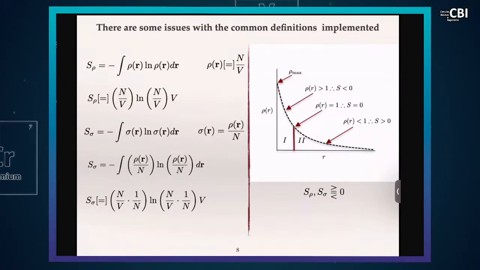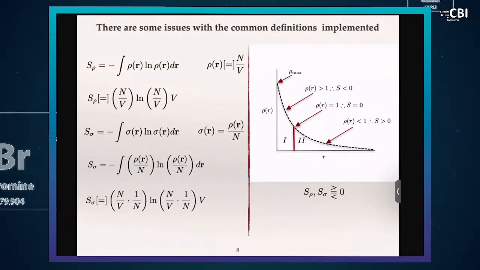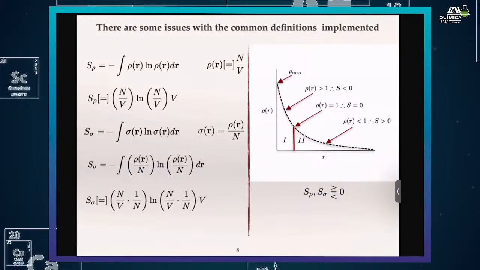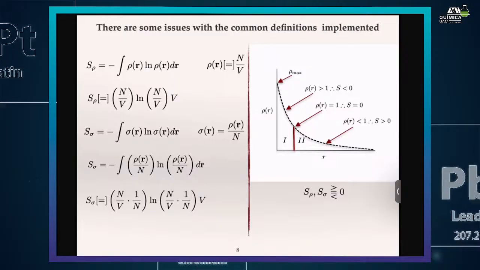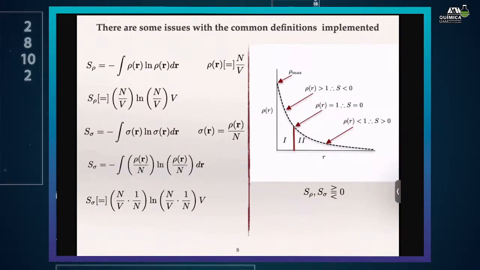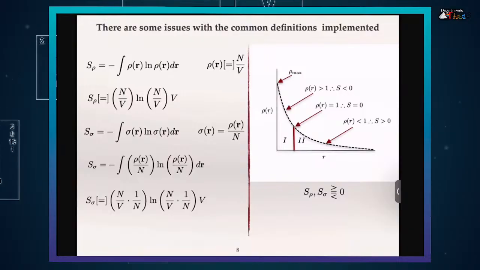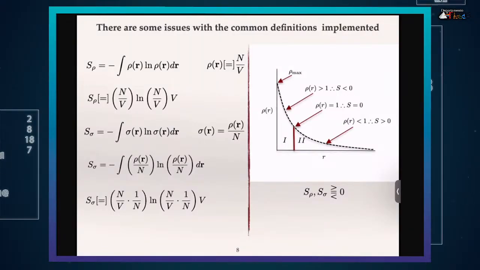When the electron density takes values greater than unity, we obtain as a result that the entropy will be negative, which is a clear violation of one of the main properties of entropy.